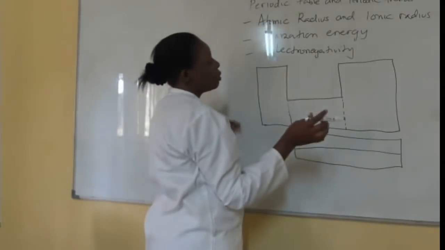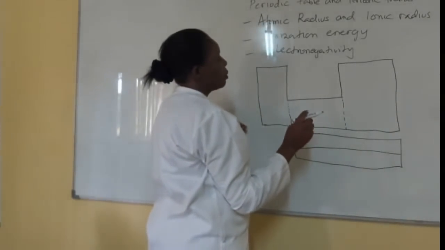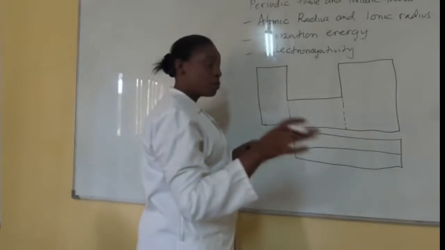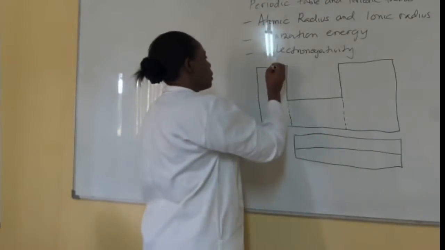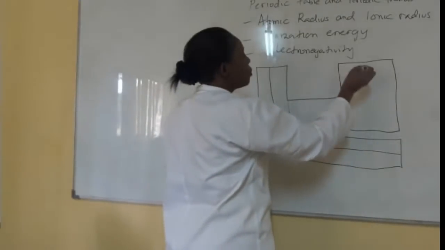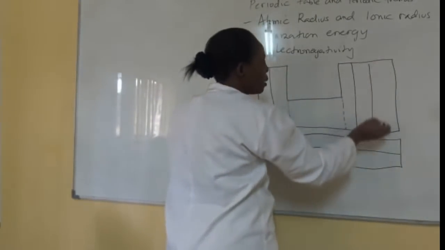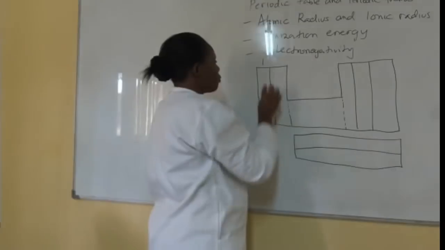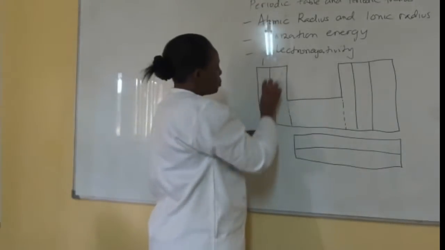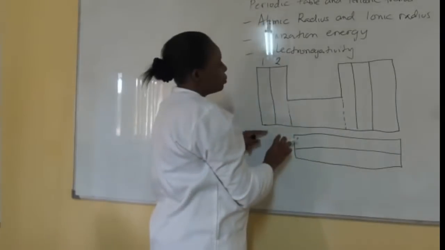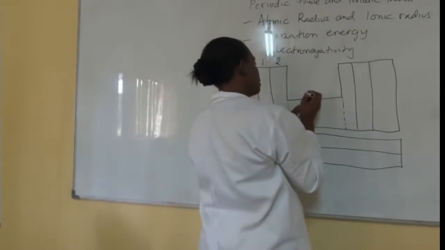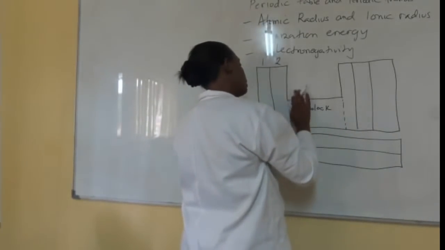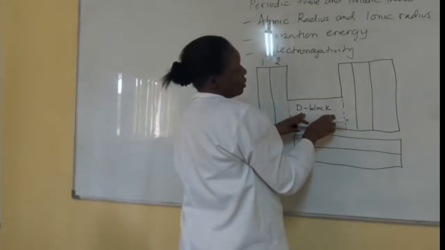So of course you know that the periodic table has a total of 18 groups, with the inclusion of the D block elements. Okay, but if you remove the D block elements, we have 8 groups. Okay, so from top to bottom, these are your groups. So this is group 1, group 2. Okay, so if we leave out the D block, so this is the D block elements. These are the transition metals.